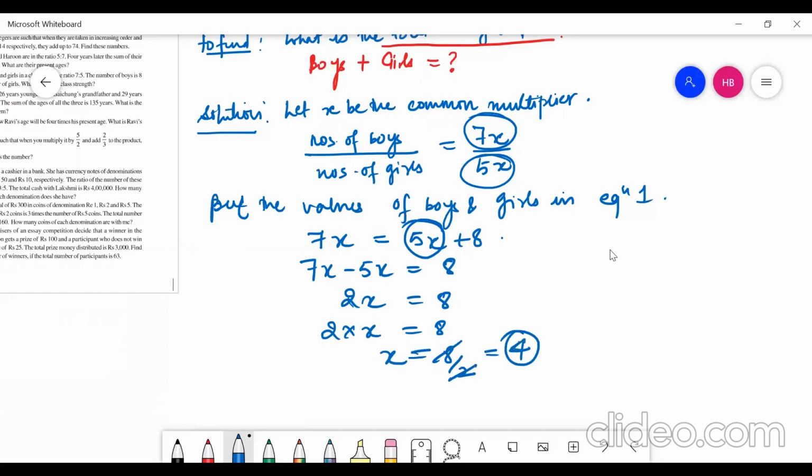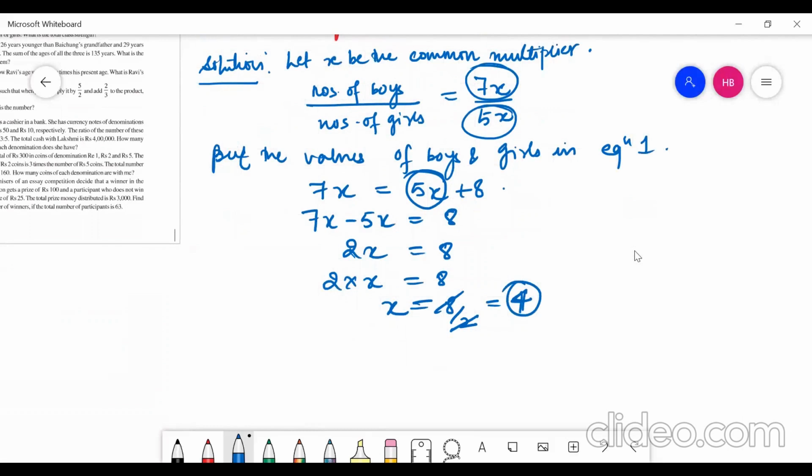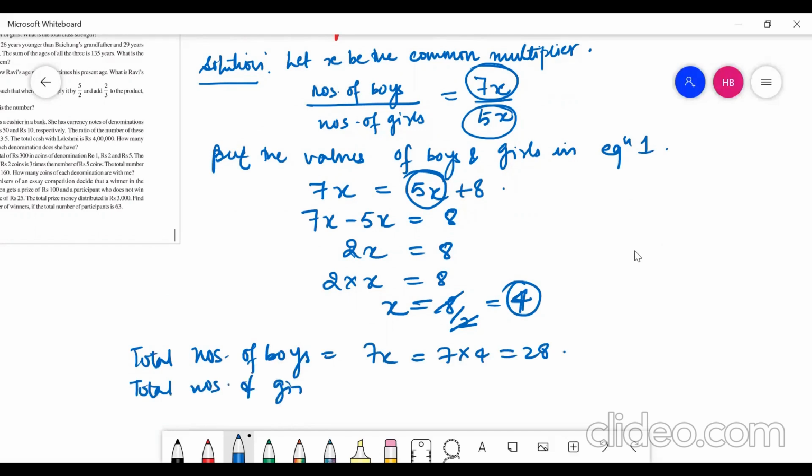So my x is 4. So I've got x is equal to 4. So total number of boys is equal to 7x, which will be 7 into 4, 28, and total number of girls would be 5x, which is 5 into 4, which is 20, and total strength will be 28 plus 20, which is equal to 48.